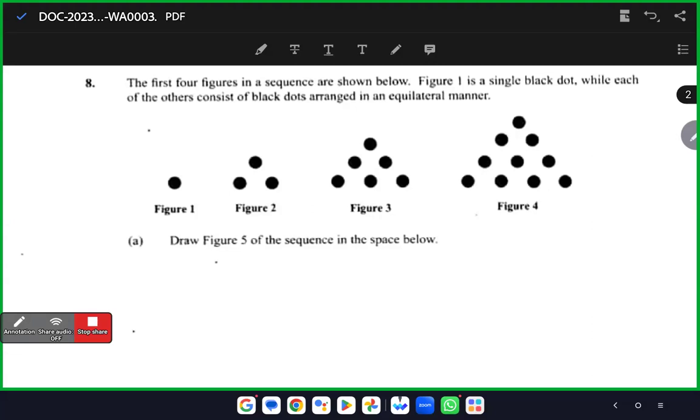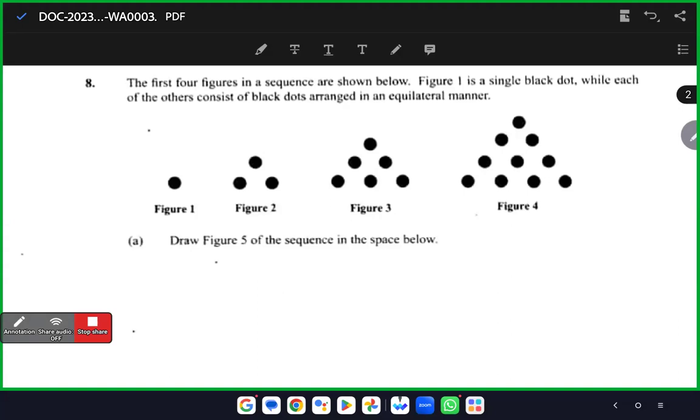That means n would have been equal to 1 for figure 1, 2 for figure 2, 3 for figure 3, and 4 for figure 4. Now, as you can see right here, the number of dots is arranged as an equilateral triangle if you were to trace it out.